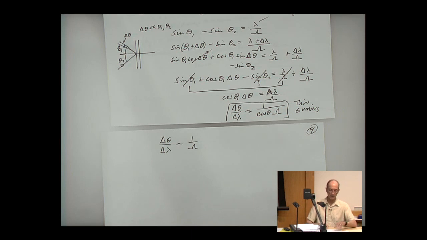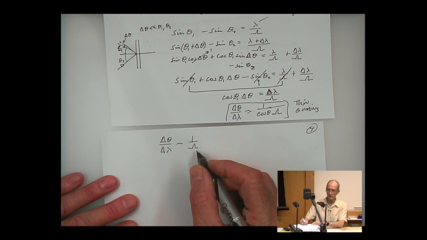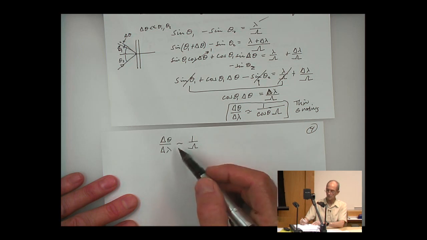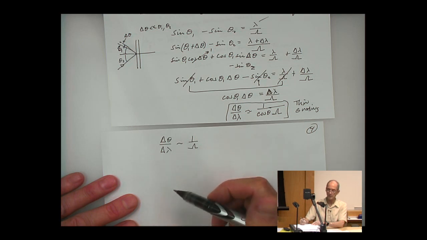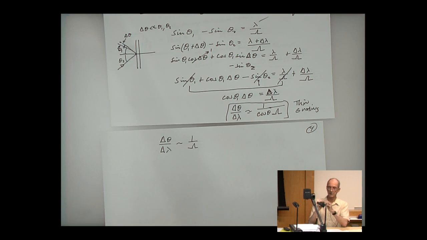If we make that period really small, we should see some very large changes in the angle for a given delta lambda. A lot of dispersion, because we have this very fine feature. If we have a very coarse feature, we don't expect to see too much spreading of the wavelength.